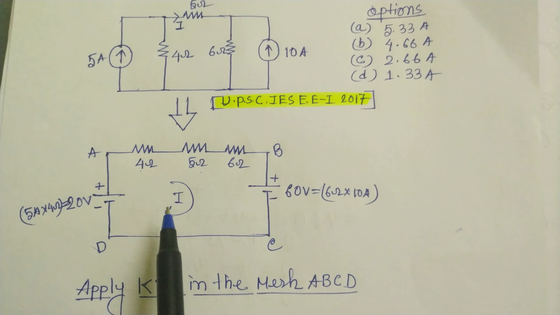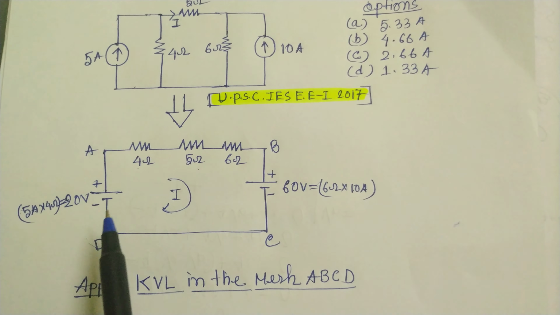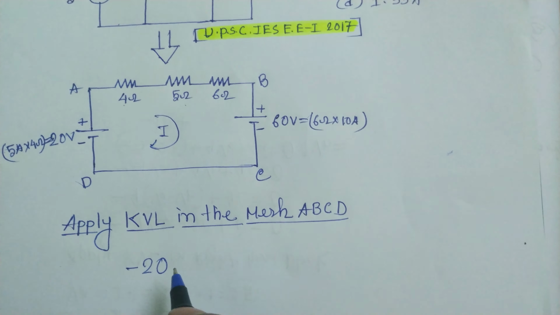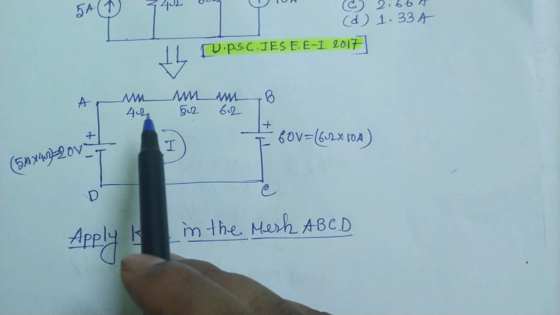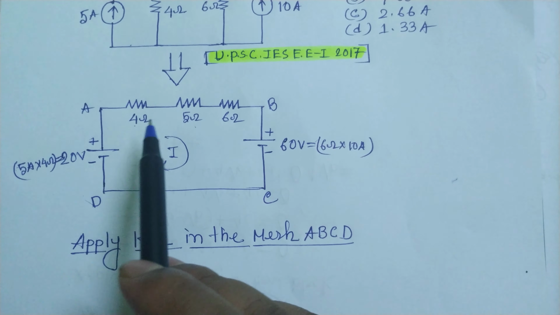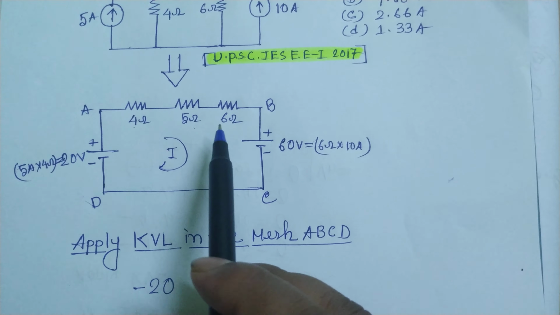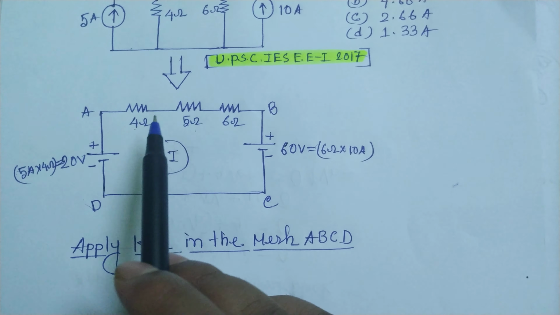Now the direction of the arrow first gets the minus sign of the 20 volt. So we write minus 20, and then the arrow goes in the direction here. Here is the 4 ohm resistance, 5 ohm resistance, and 6 ohm resistance. The resistances are in series connection, so the total is 15 ohm.